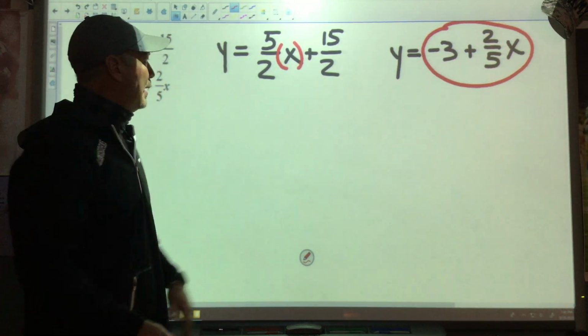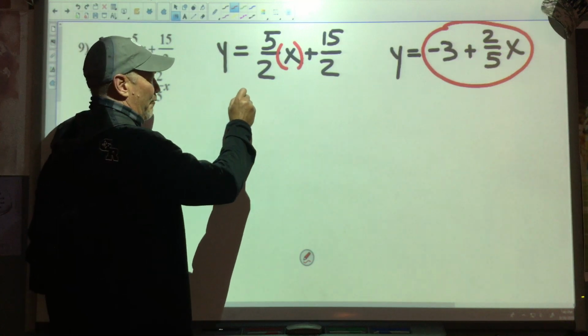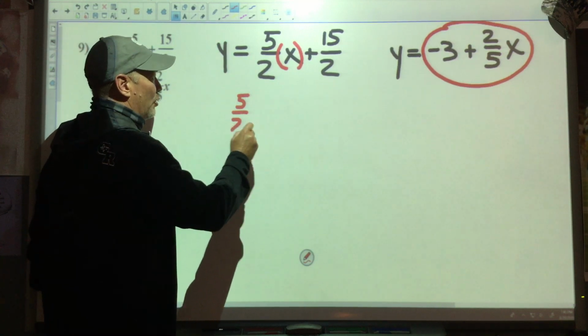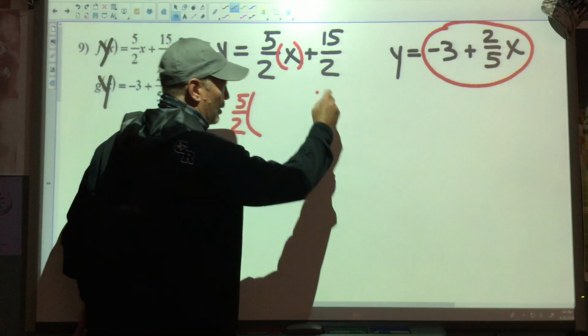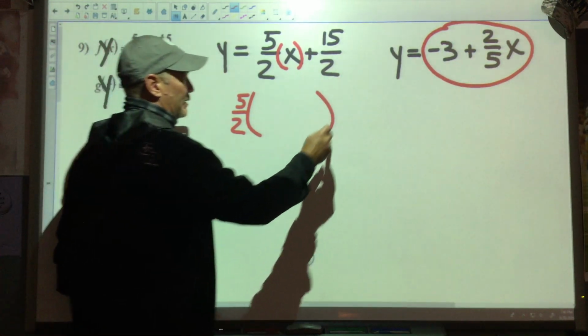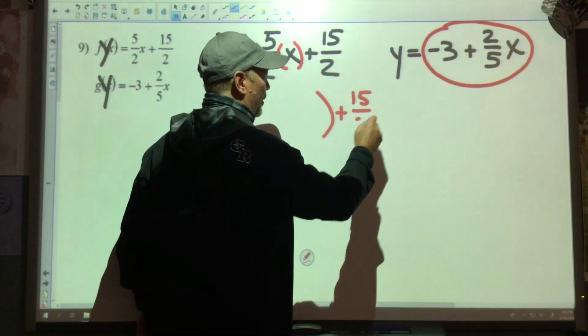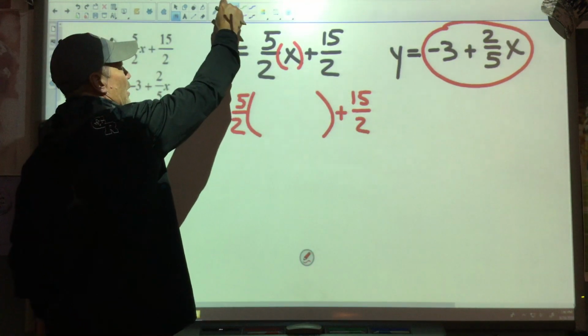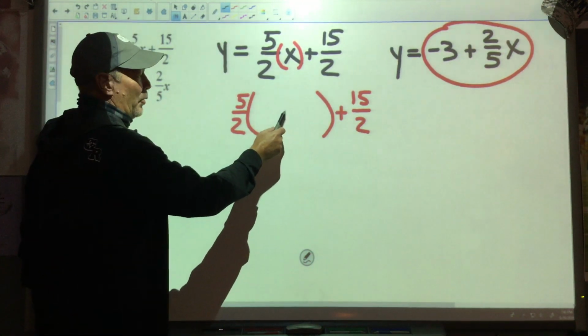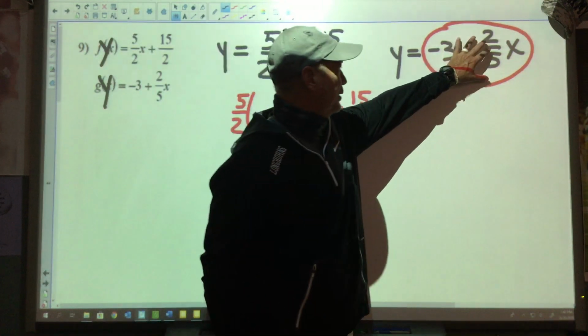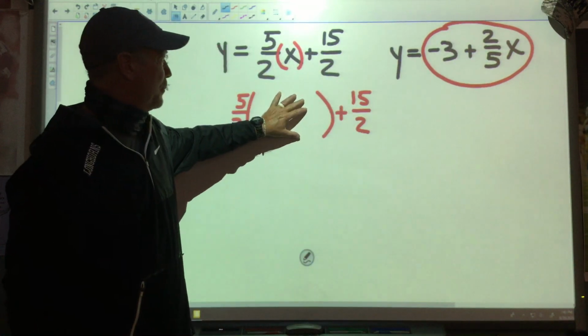Okay, next step, we're going to say 5 over 2 times whatever that piece is, and we're going to go plus 15 over 2. So inside our parentheses, we're going to copy this, and we're going to put it right here.